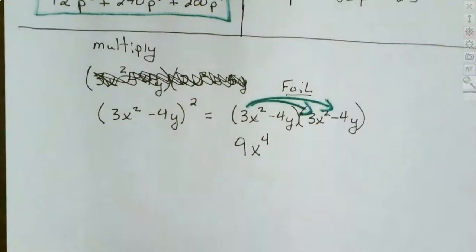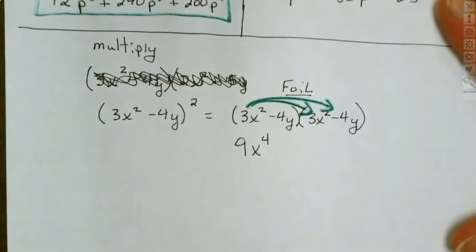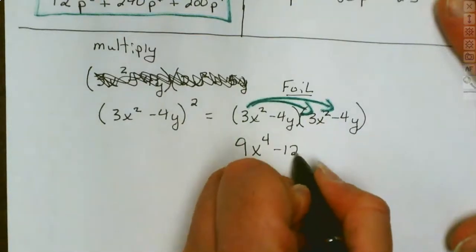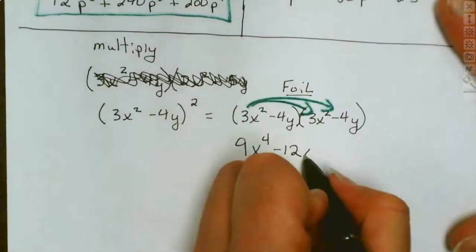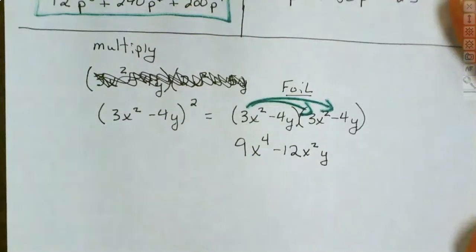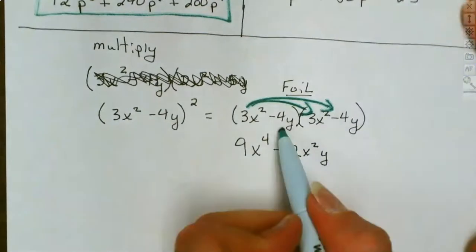Outside and outside. We have 3 times a negative 4. 3 times a negative 4 is a negative 12. And we've got an x squared and a y. Inside and inside is next.